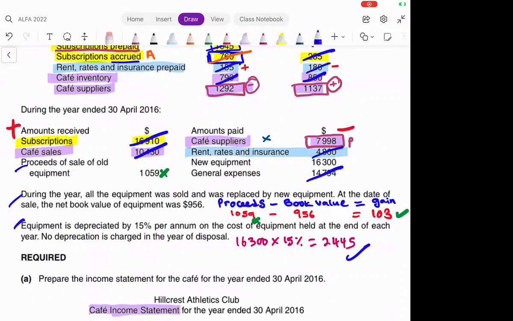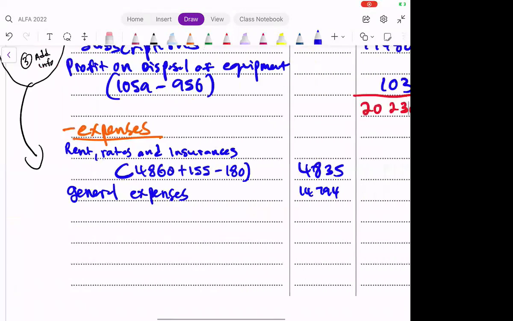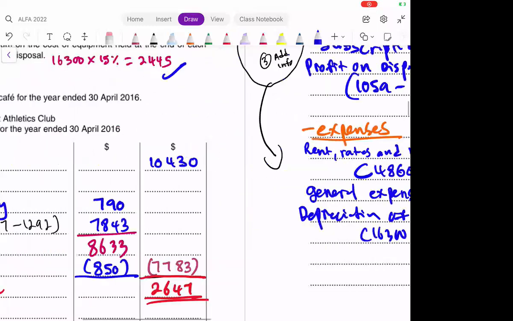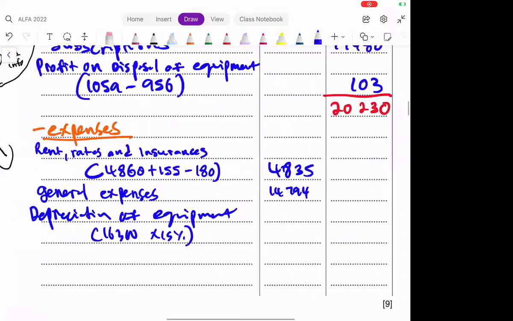Equipment depreciated 2445. Depreciation of equipment. How much? 16,300 times 15%, 2445.